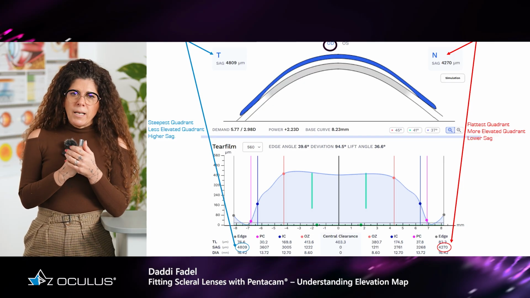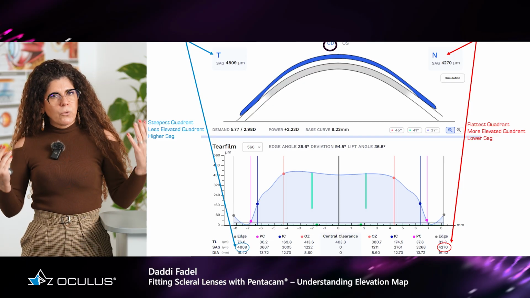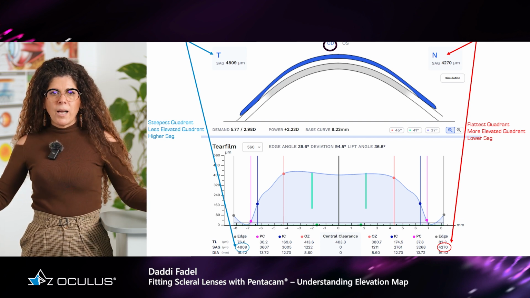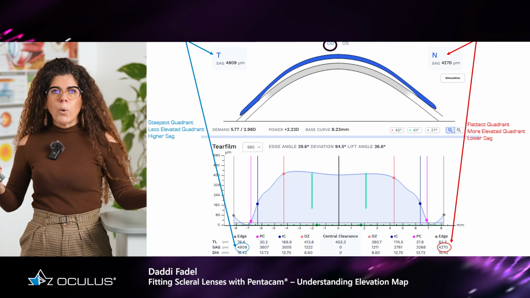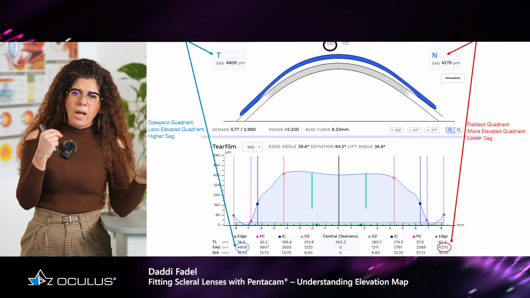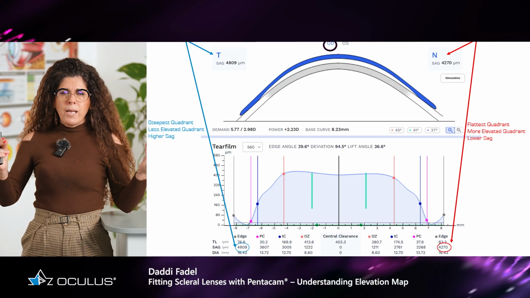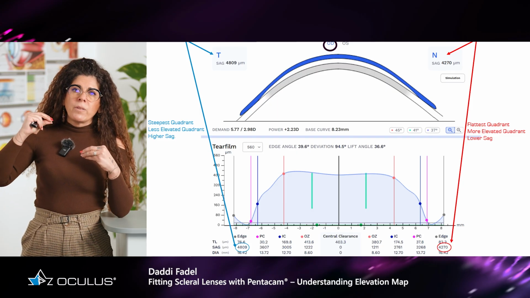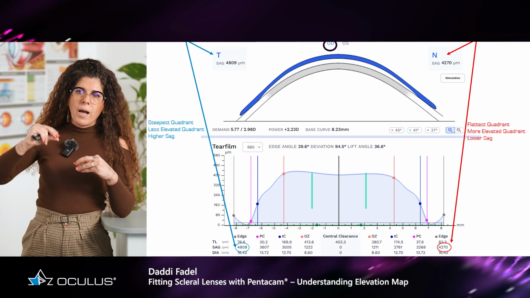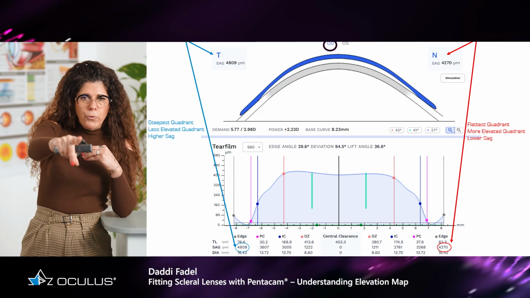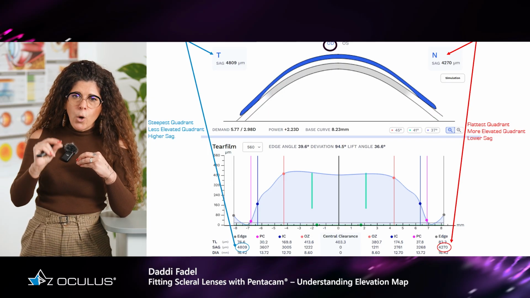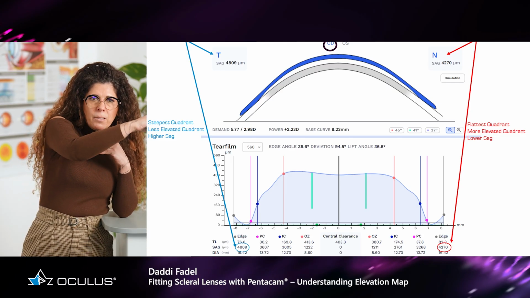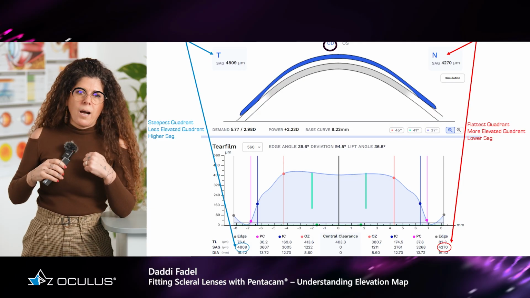So if you are designing lenses and you are designing them toric or quadrant specific, you can see here how the sagittal heights are different based on the quadrants. In this case, we have different sagittal height between the two opposite quadrants of the horizontal meridian, and we know that the nasal part of the eye is the flattest one, and you see the sagittal height is lower compared to the temporal one that is steepest, so the sagittal height is higher.